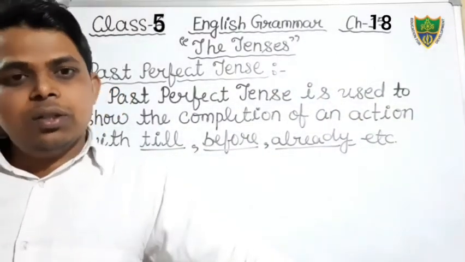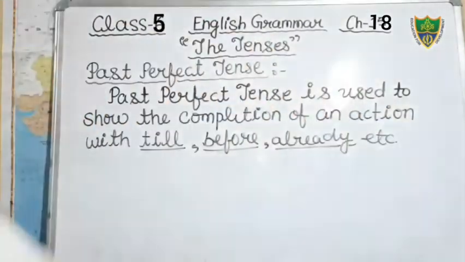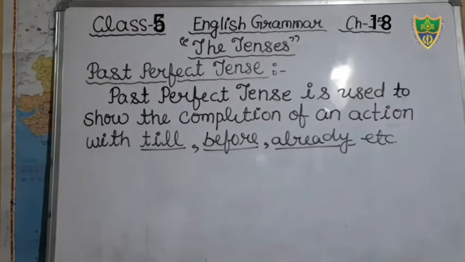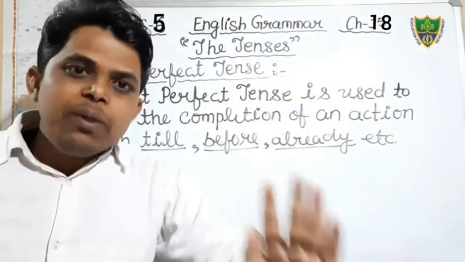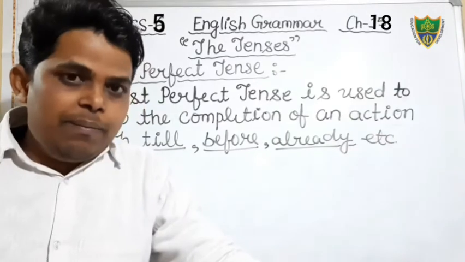Students, write down this heading, and after that write what is written on the board: past perfect tense is used to show the completion of an action with till, before, already, etc.